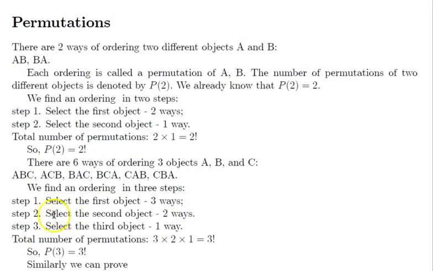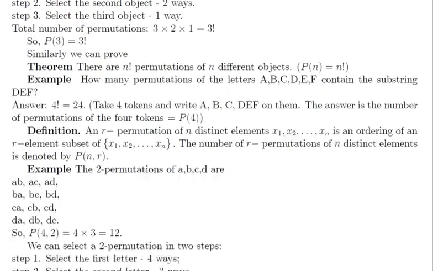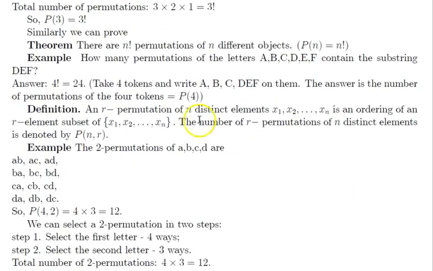Select then the second object. 2 elements are available now, so 2 outcomes. And step 3, select the third object, 1 outcome. And we get that P of 3 is 3 factorial. Similarly, we can prove that P of n is n factorial.